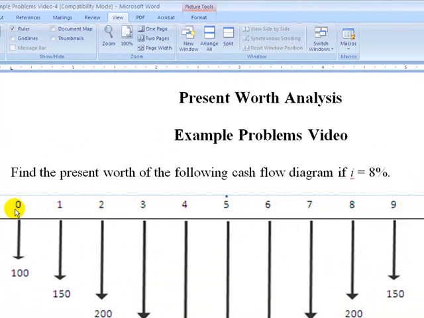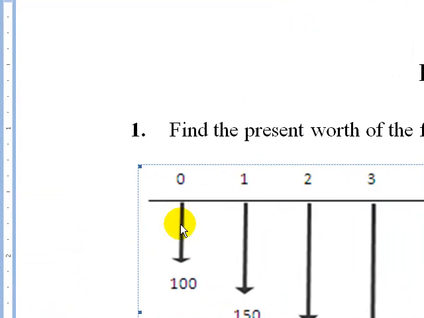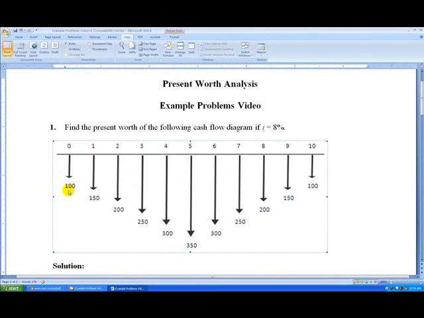So this cash flow diagram is given for 10 years, and if you see the downward arrow, that means it's a negative cash flow. And if you see an upward arrow, that means it will be a positive cash flow. For example, if you spend $100, you have a downward arrow indicating 100.